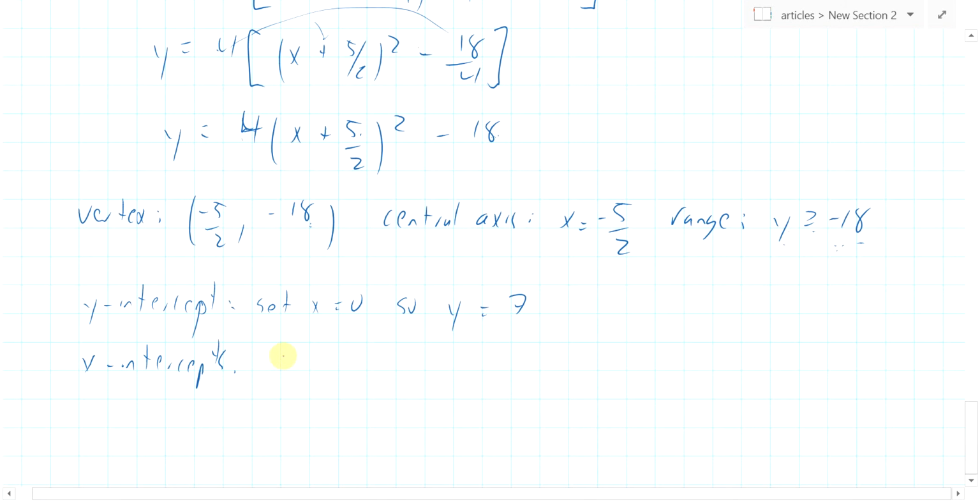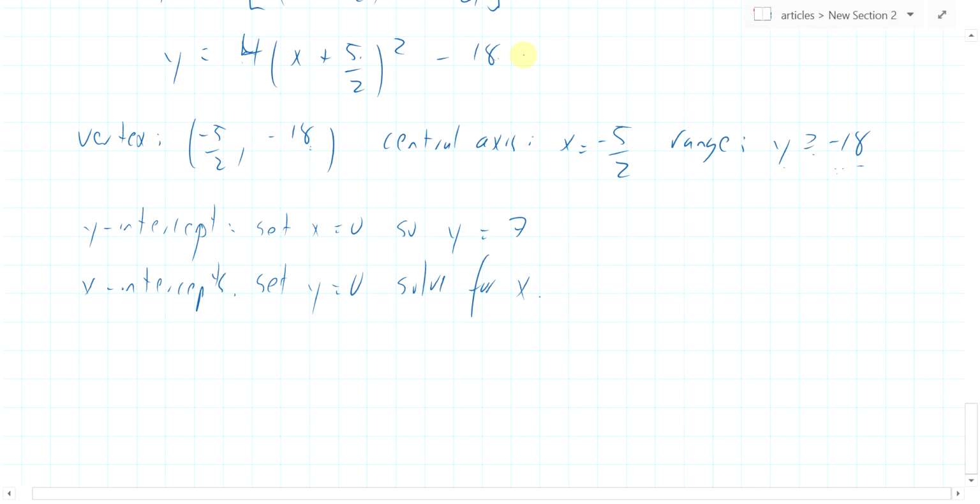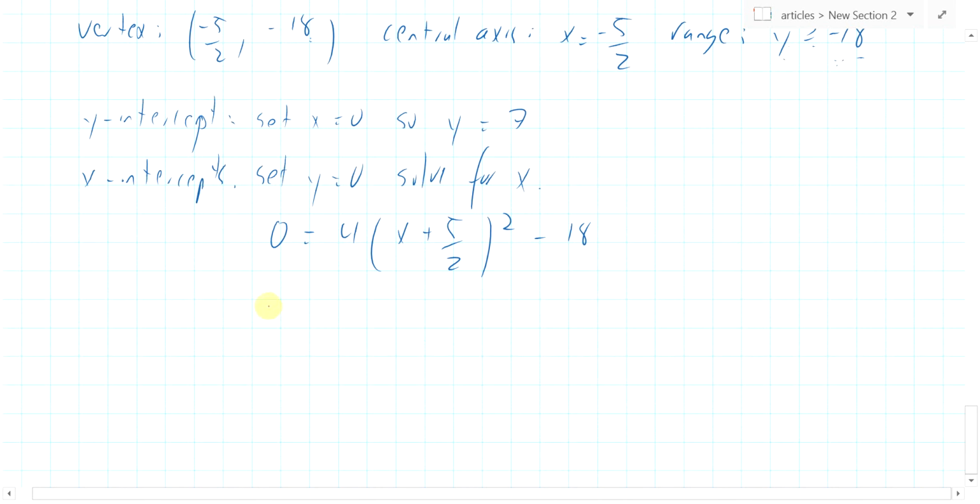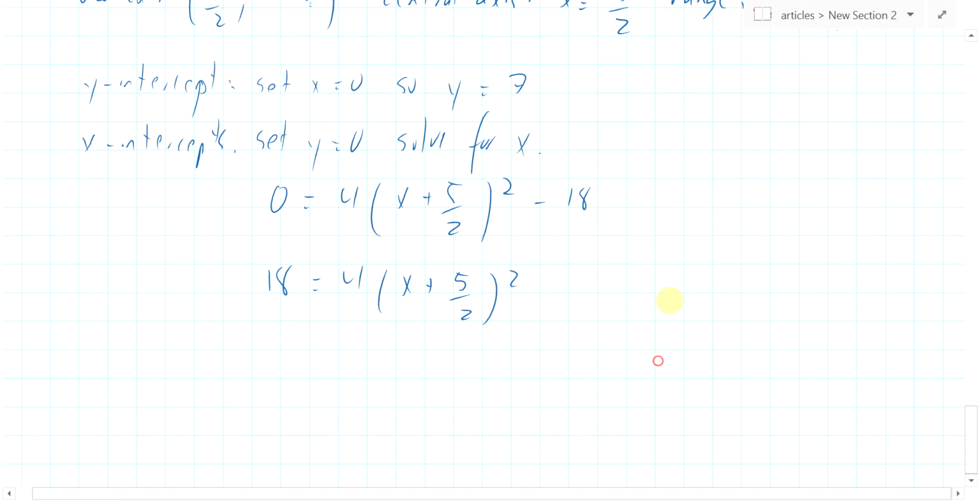So, what are they? To find an x-intercept, you set y equal to 0 and solve for x. So, looking at this equation, we take 0 equals 4, x plus 5 over 2, quantity squared, minus 18. Add an 18 to both sides, that gives me 18 equals 4, x plus 5 over 2, quantity squared.